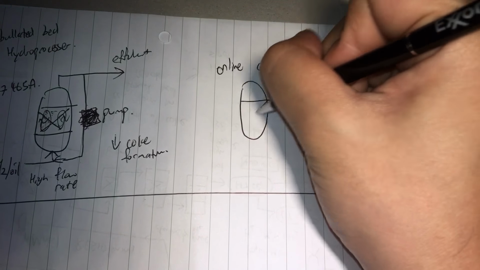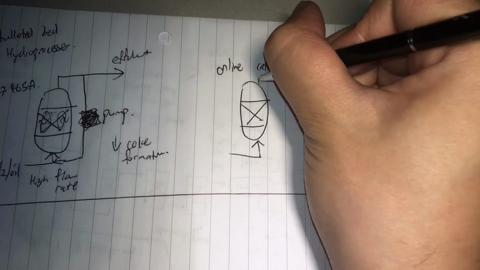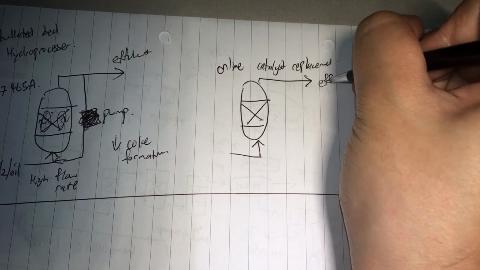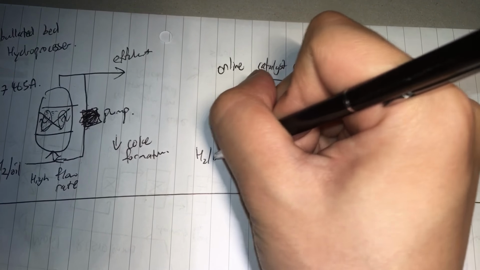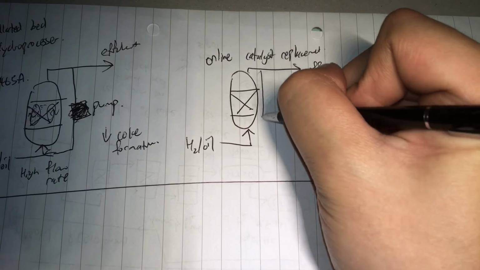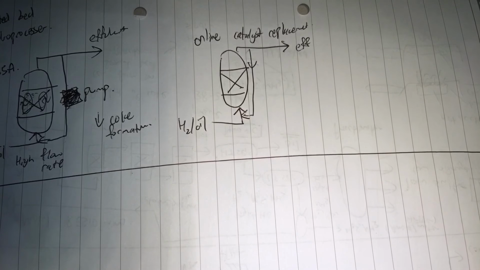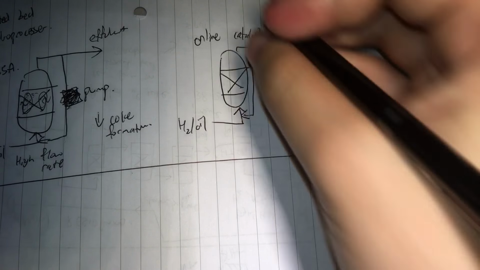Okay. So not only is the bed not fixed, there's effluent here, there's a hydrogen and oil mixture. So just imagine the recycle system is already inside like this. Well, what you can do is this.